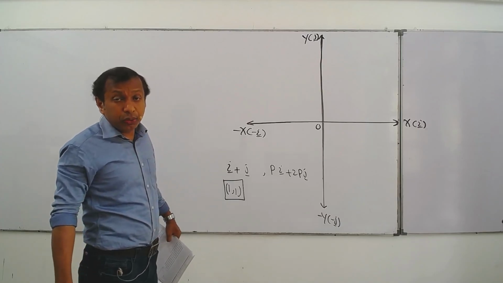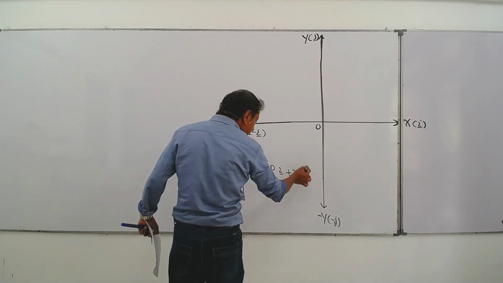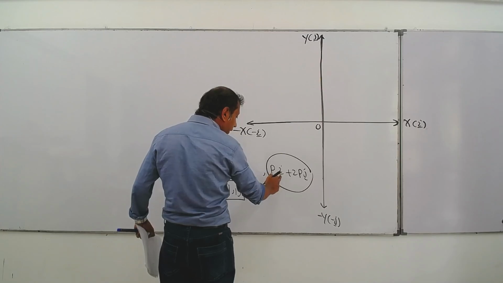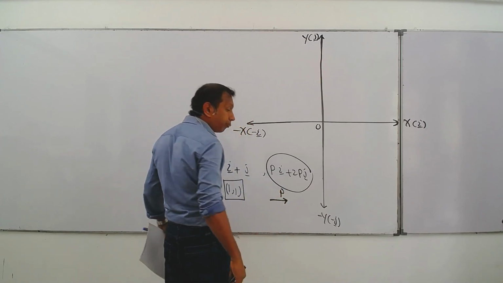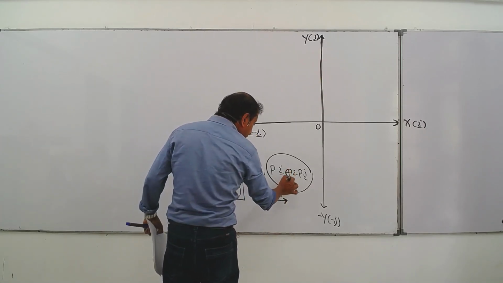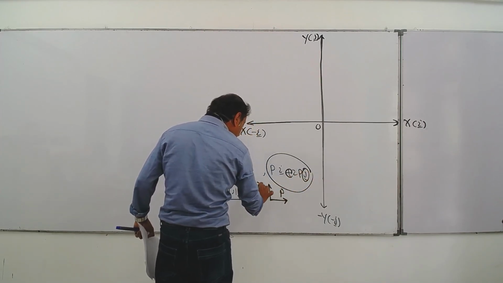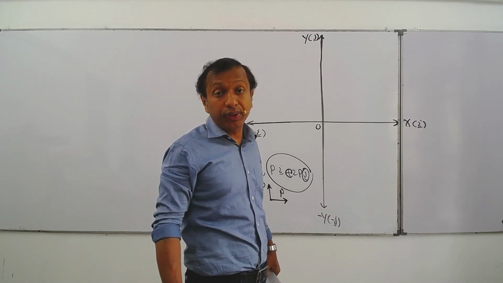Let's see what the two components, horizontally and vertically, of this given force in vector form are. Positive I here we have. Positive I direction is this. In that direction the force is P. Positive J here we have. That is this direction, 2P. That is how we identify the two components and the point.